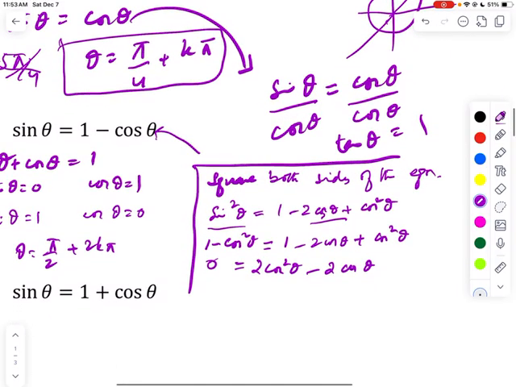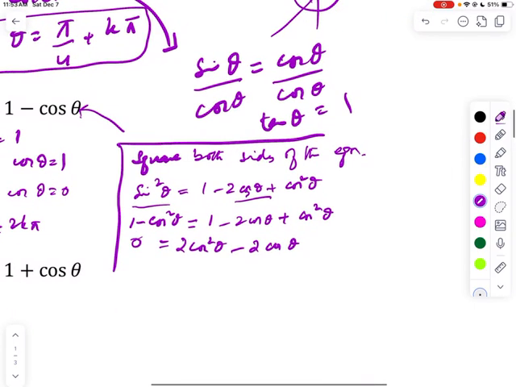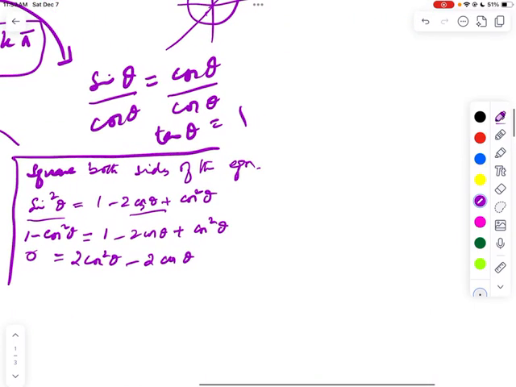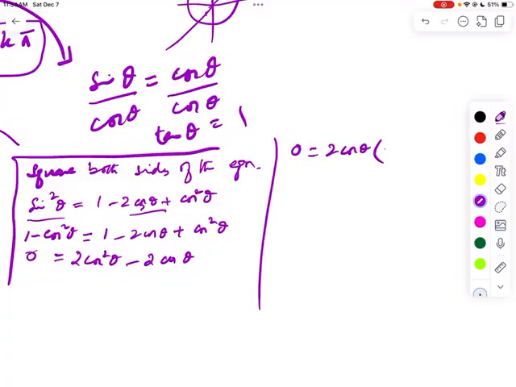We can factor here. So we get 0 equals 2 cosine theta times cosine of theta minus 1. Now we set each factor equal to 0. So 2 cosine theta equal to 0, and the other one will be cosine theta minus 1 equal to 0.